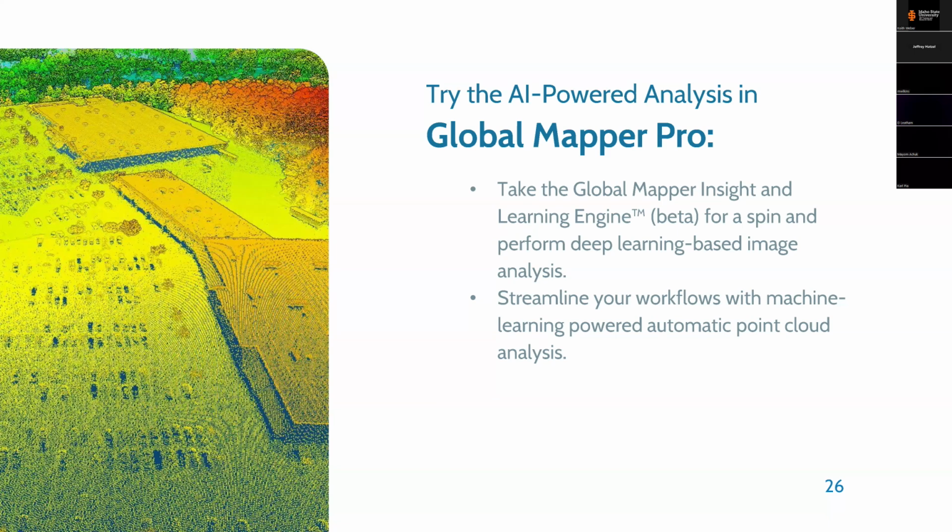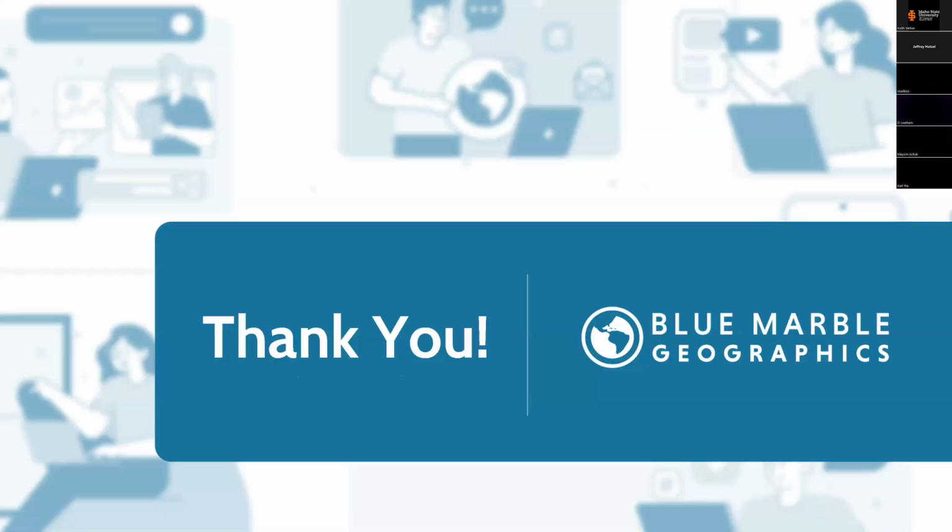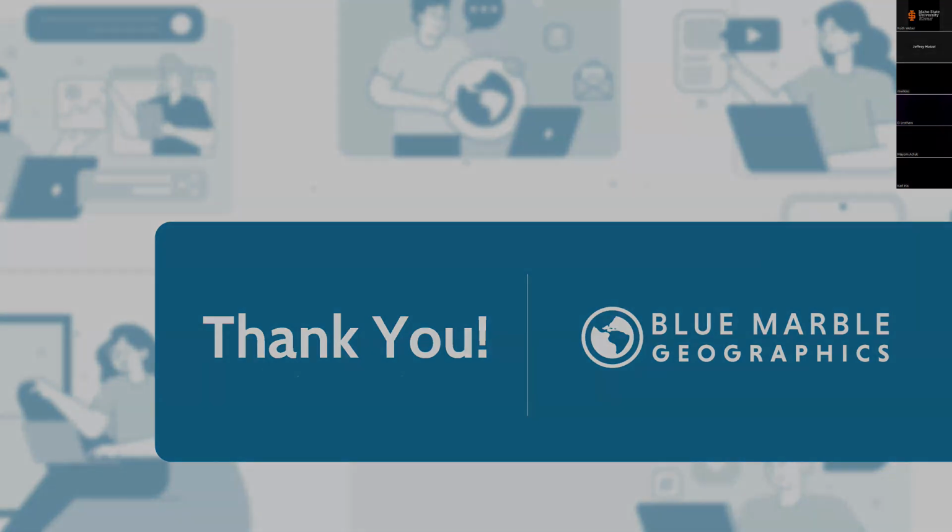I think the important takeaway from the AI-powered side of things is to get past all the buzzwords and jargon and really begin to think about how we can apply these tools to everyday tasks and problems that we want to solve geospatially. That's where we will really see a benefit, both as users of these tools, but also as people making informed decisions, whether it's in industry and work, play, whatever the case may be. So I think there's a lot of potential there to come in the future.